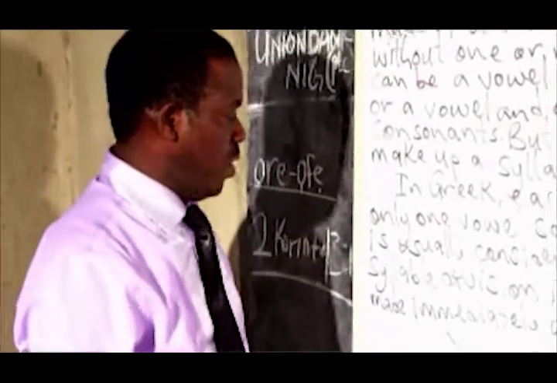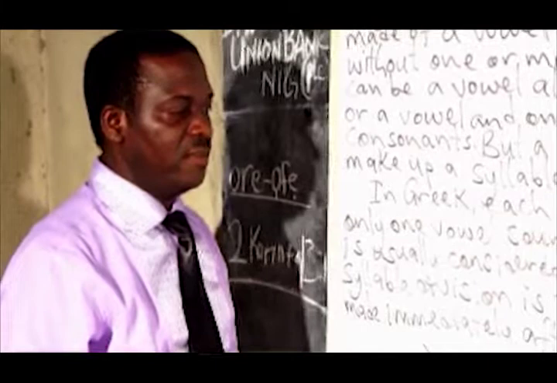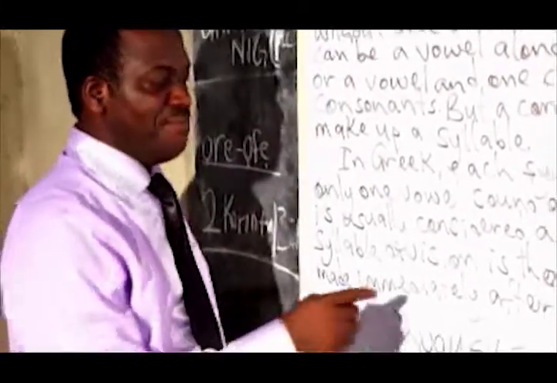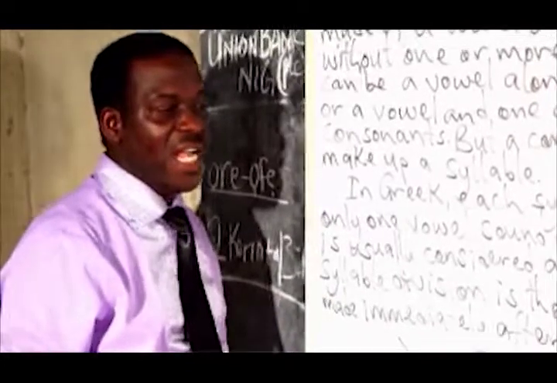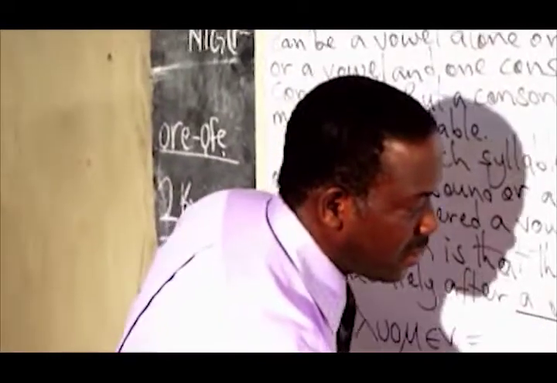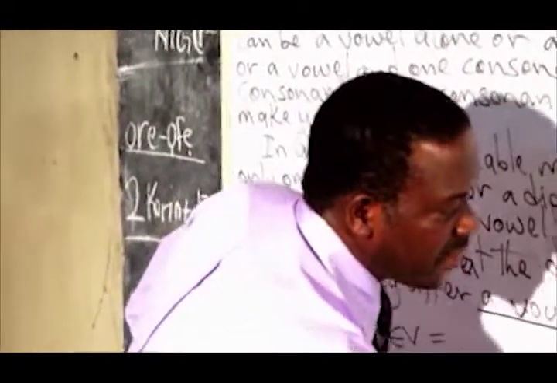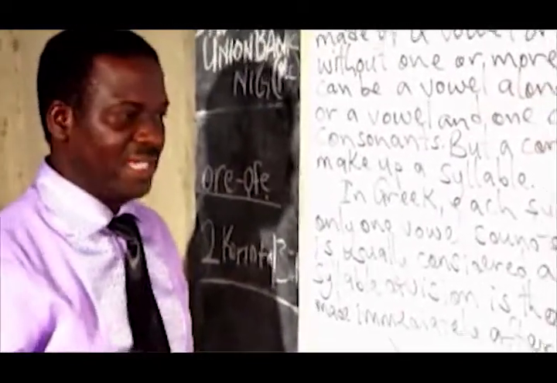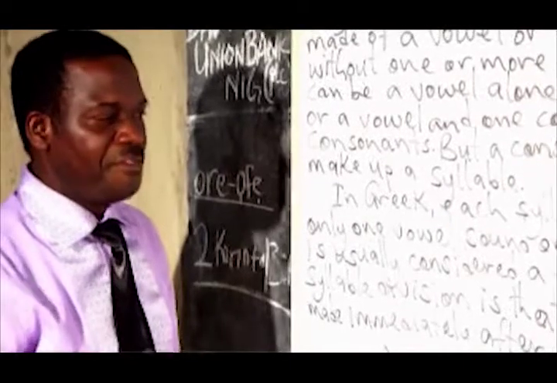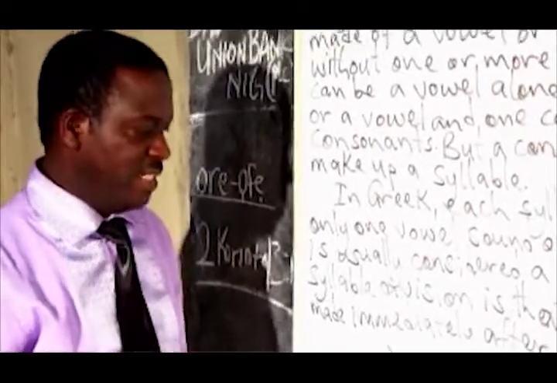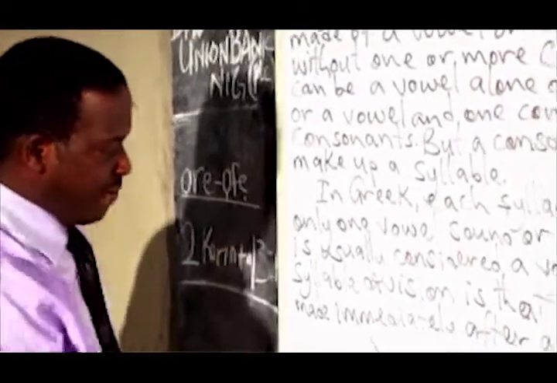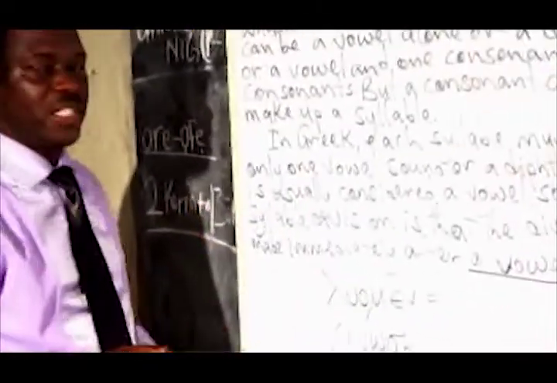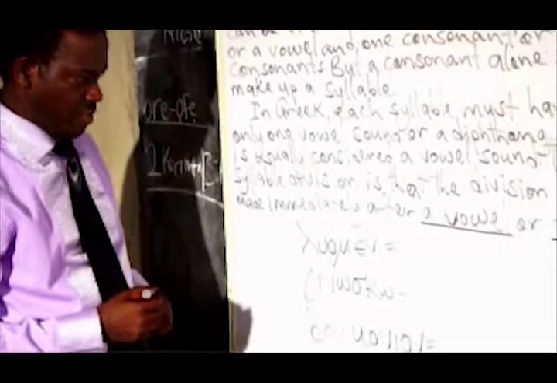The rule of syllable division in Greek is that the division should be made immediately after a vowel or after a diphthong. That is the rule of syllable division in Greek. We have 3 words on the board, and we're going to apply these rules to these 3 words.